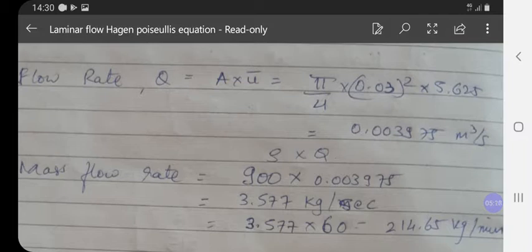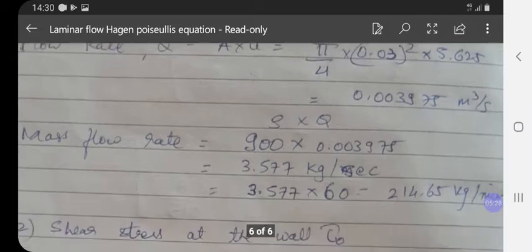So the mass flow rate is 900 into 0.003975. So it becomes 3.577 kg per second, or in kg per minute, let us multiply it with 60, since 60 seconds is equal to 1 minute. So 3.577 into 60 is equal to 214.65 kg per minute.